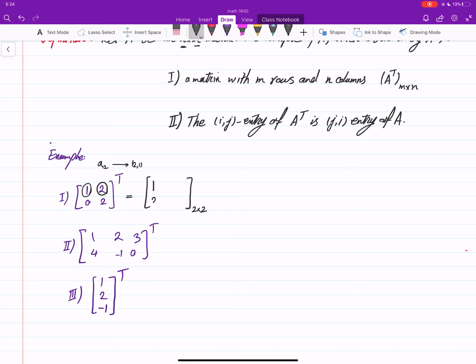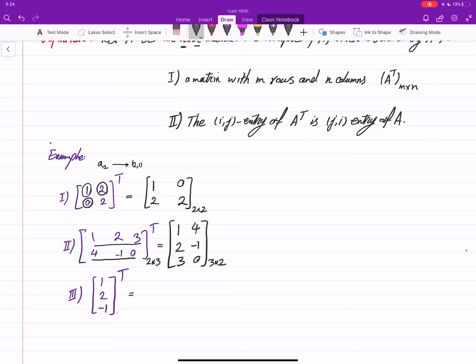The 2 1 entry goes to the 1 2 entry, and the 2 2 entry goes to the 2 2 entry. All of this can be seen in this form: switch the first row to the first column, the second row to the second column. Here you started with 2 by 3, now we have a 3 by 2 matrix.